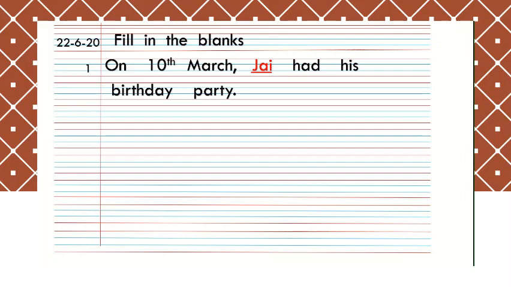Jai, you have to underline with your pencil. I have done it with a red color, but you don't have to use any color. You just have to write with your pencil and underline the word Jai. Okay, copy number 1.